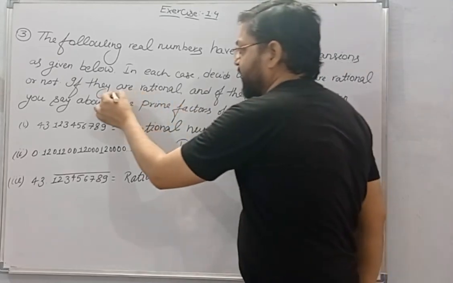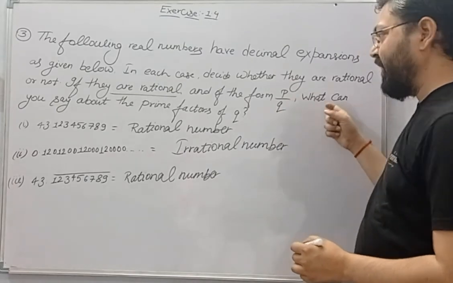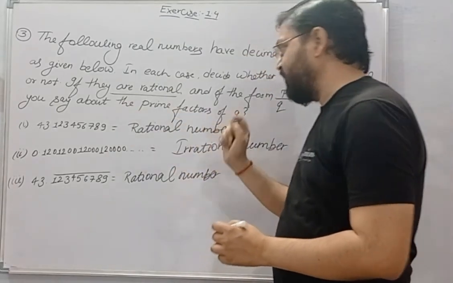Again, if they are rational of the form p upon q, what can you say about the prime factors of q?